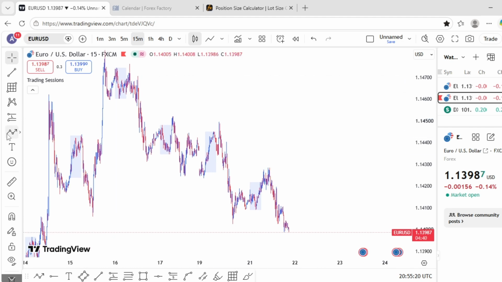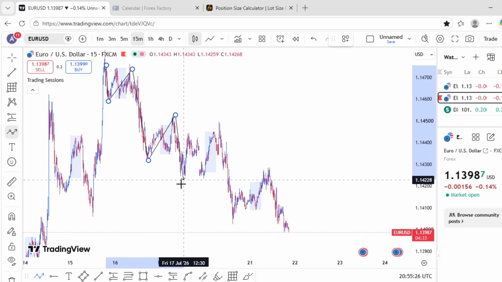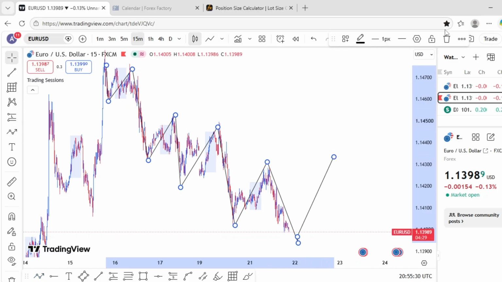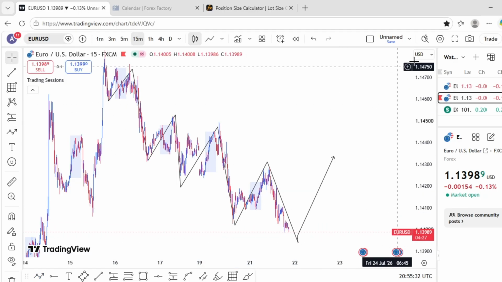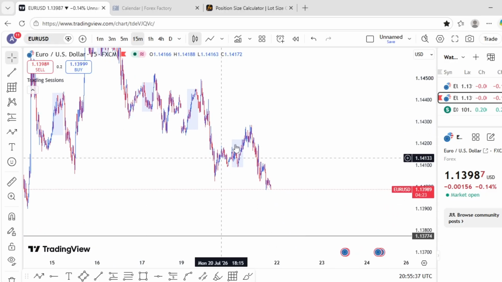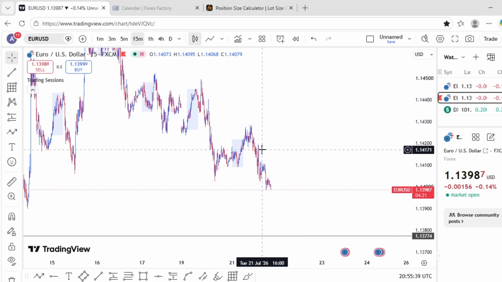We have been moving from a high, a low, a higher low, a lower low, a higher low, a lower low, and like that. So as a liquidity trader, all I am looking for is a sweep of a swing high or a liquidity zone, then I take my entry.